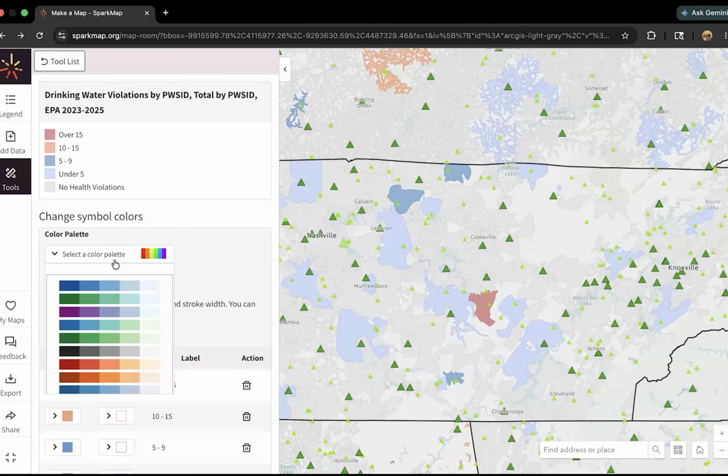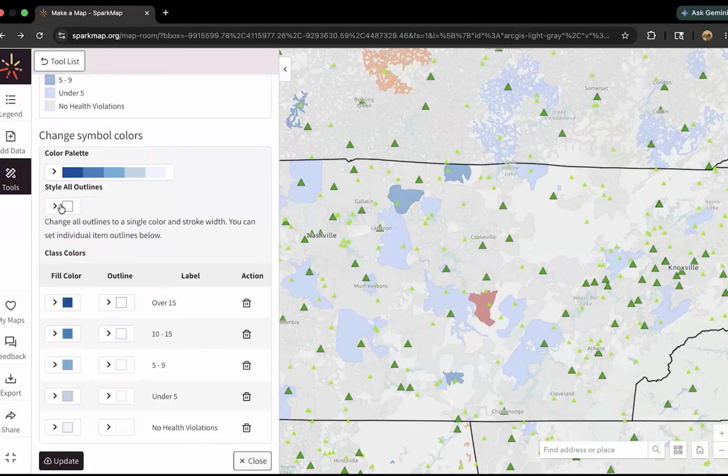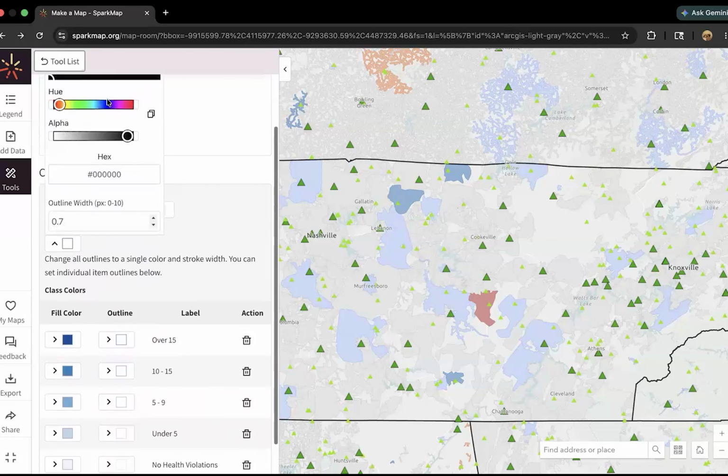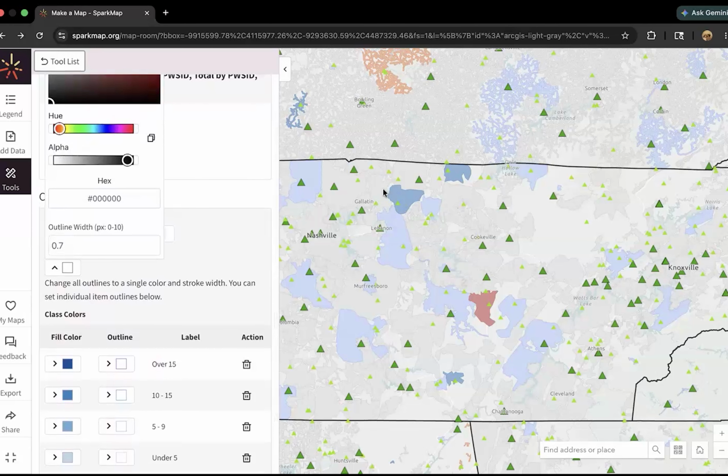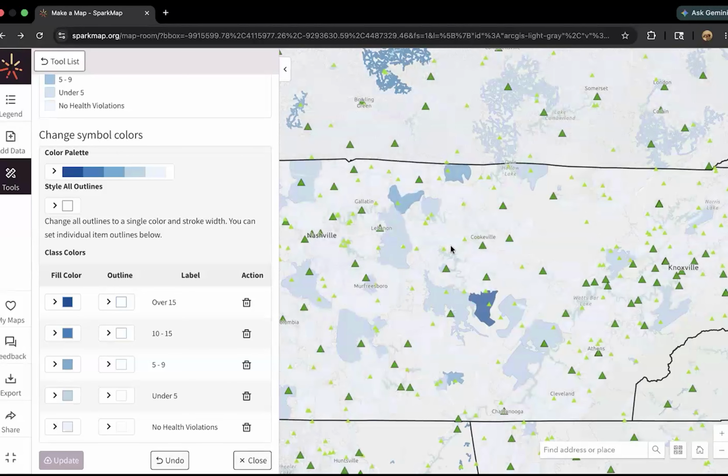And so let's say I wanted to do a nice all blue palette. I can do that here. I could also change the width and color of the outlines between my different polygons. And so I'm going to go ahead and click the update button just so we can see what these changes look like and see if we like them.